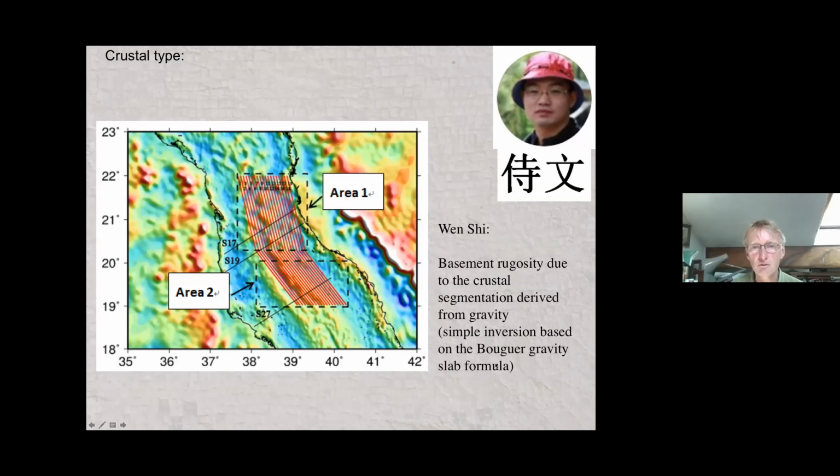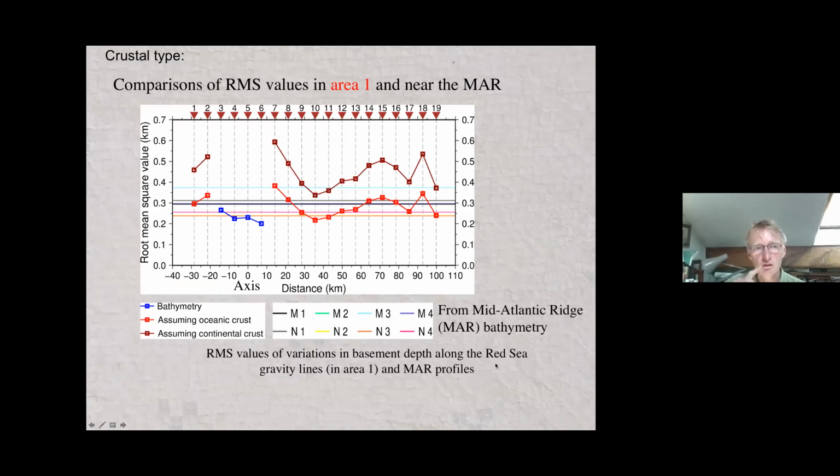So you invert for a basement topographic roughness, which we express as root mean square value. You can do it where you assume the density contrast is either of an oceanic crust, perhaps a gabbroic type density, or continental crust, a lower density material.